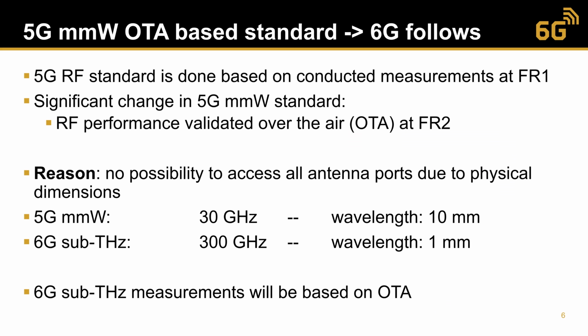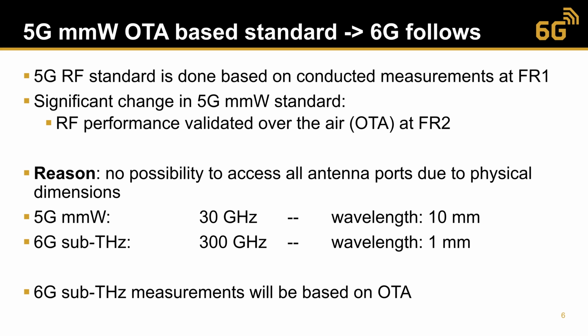In previous generations, OTA measurements were mainly done by operators to verify their mobile terminal operation in their network configurations. The 5G millimeter wave, or FR2, standard requirements and verifications are both now done with OTA measurements, while 5G sub-6 GHz, or FR1, is based on conducted measurements.